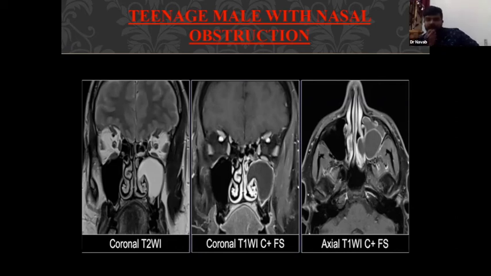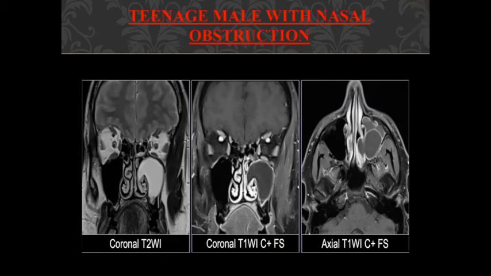So how do you differentiate it from inverted papilloma and others? Inverted papilloma has a typical appearance called the cerebriform convoluted pattern, and it is homogeneously enhancing rather than peripherally enhancing.